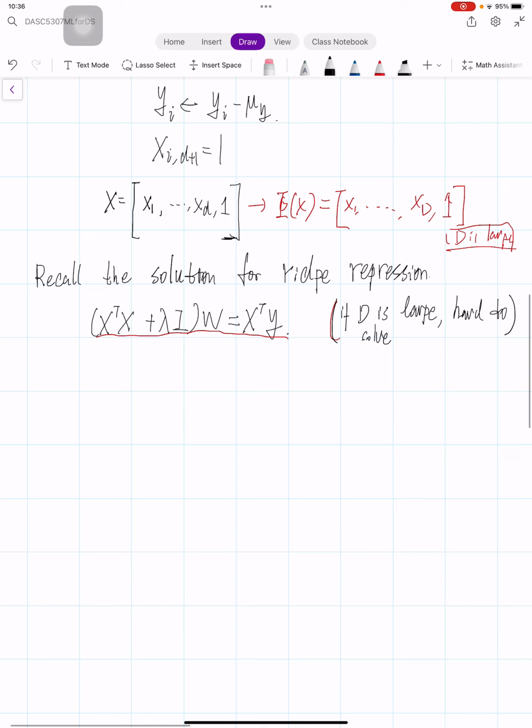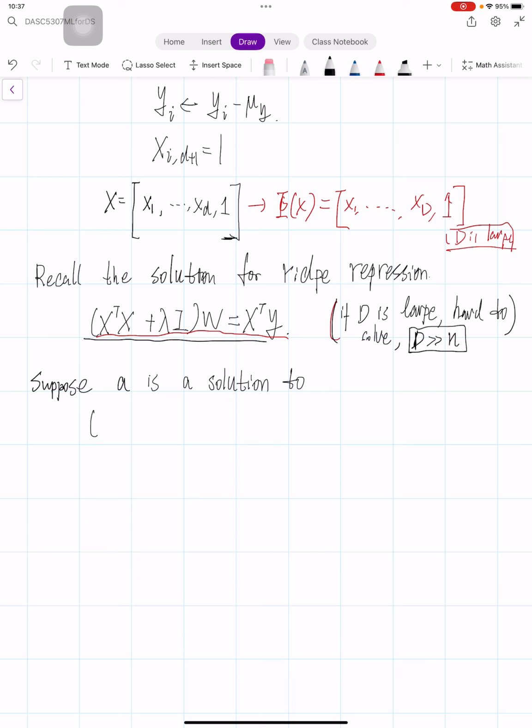So what are kernel methods? Why is this too hard to solve? You can think of d as much larger than small n: suppose the number of features is much more than the number of samples. Suppose A is a solution to this other equation.